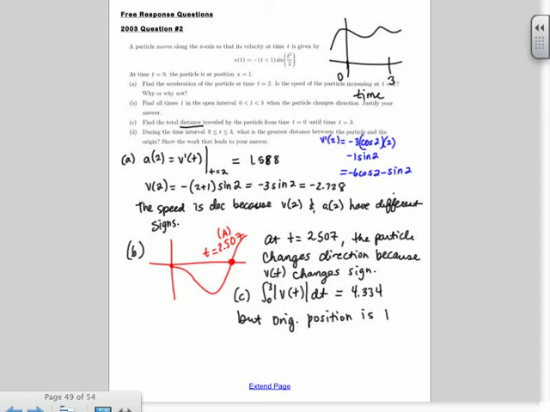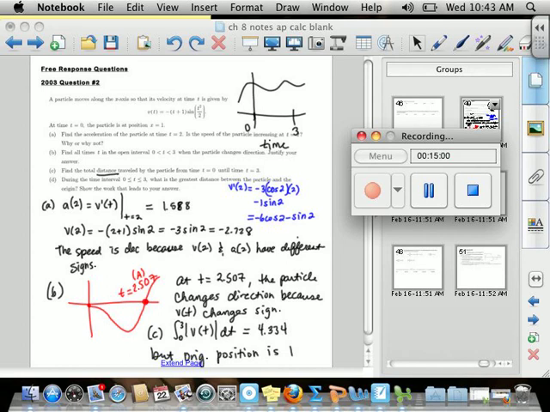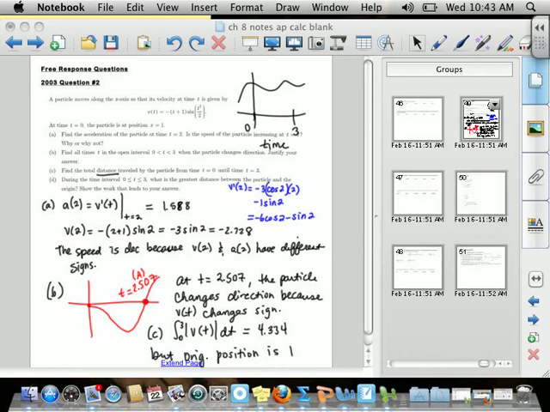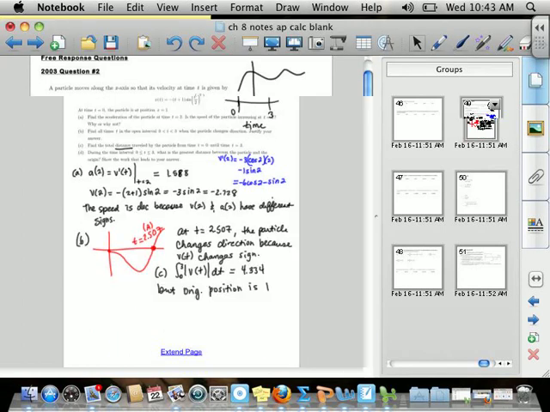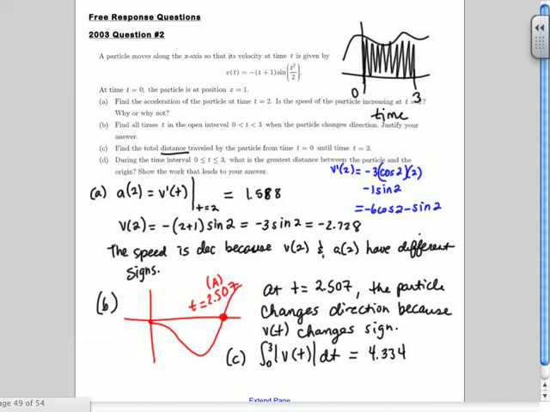What do I need to do here? Confusing. Okay, so you don't need the original position as 1, actually. I'm lying. Because that is just finding the total amount that you've traveled from 0 to 3, that total distance. If I asked how far away you were from the original, then you need to subtract it out. Does that make sense? Like if I asked how much you moved, you need to figure that out.